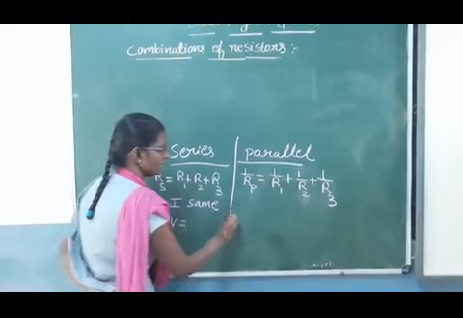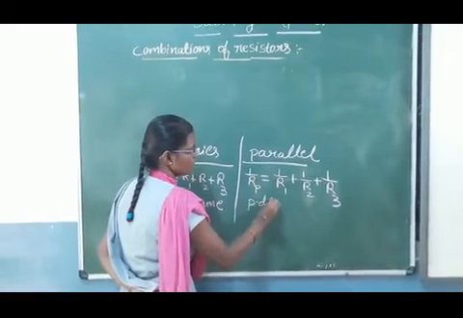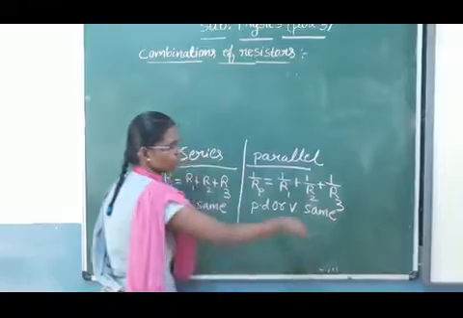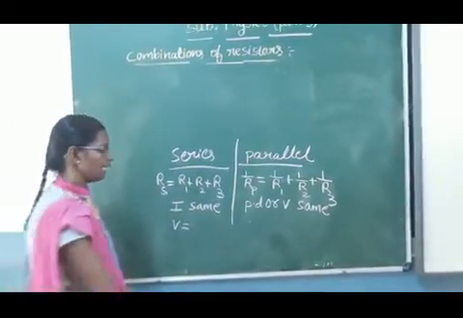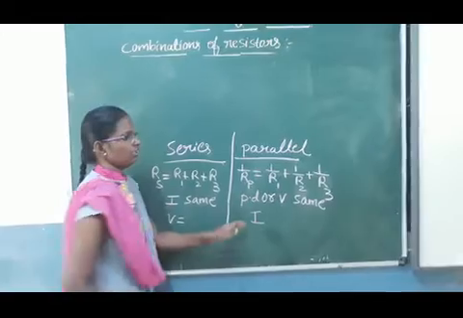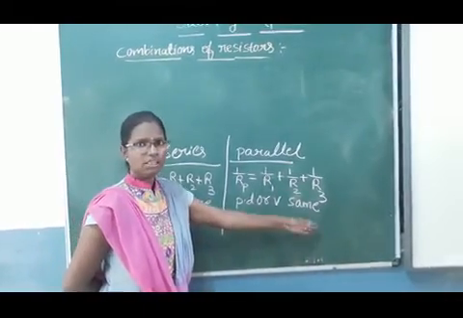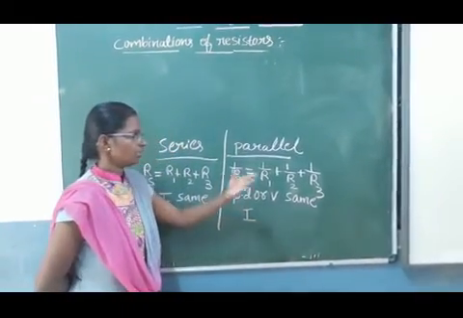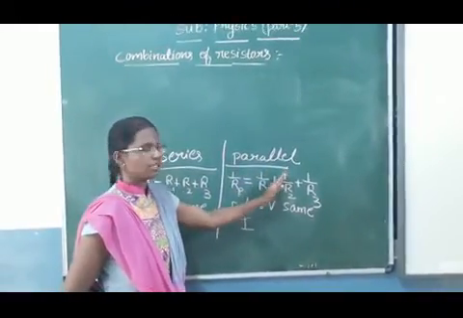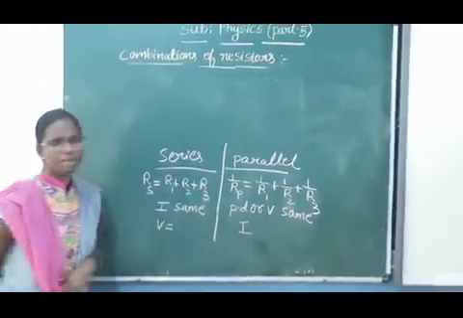And here the potential difference V remains the same, so it has a constant value throughout the electric circuit. And here the electric current differs across the individual resistors. And we can use a parallel connection for electric circuits. This is the difference between series and parallel.